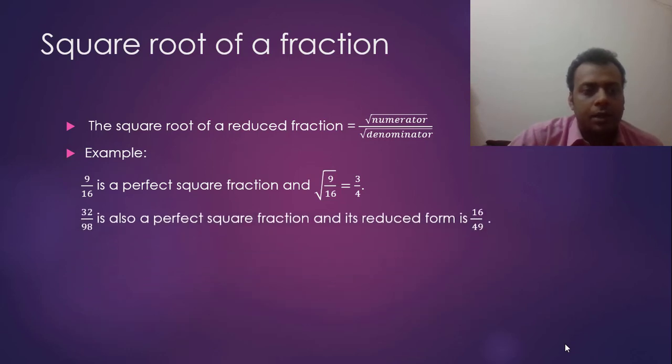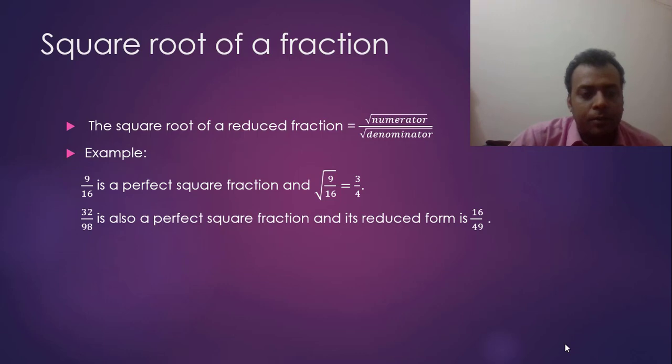And 32 by 98 is a perfect square fraction, because in the reduced form we get 16 by 49. So if you have a fraction which is not in reduced form, then you have to reduce it by cancelling the common factor 2.